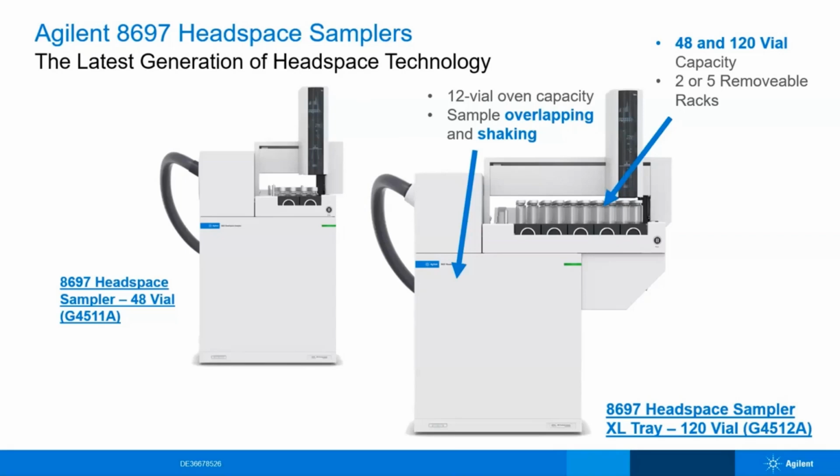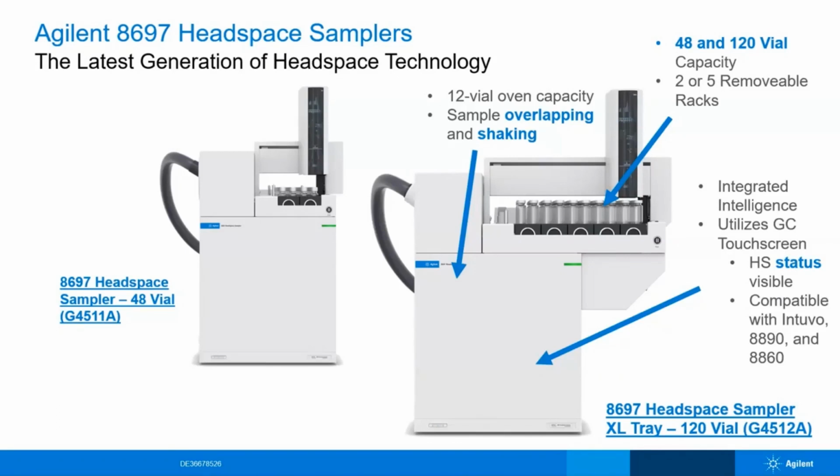You have a 48 vial 8697 version, the G4511A, as well as a 120 vial G4512A, the XL tray version. Those trays are also removable so that they can be easily swapped out, and you can have a continuous rotation of samples being loaded onto trays, in and out of the trays, and then on the bench top.